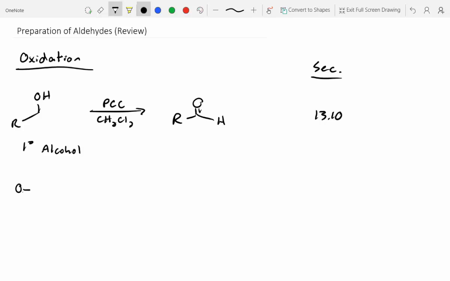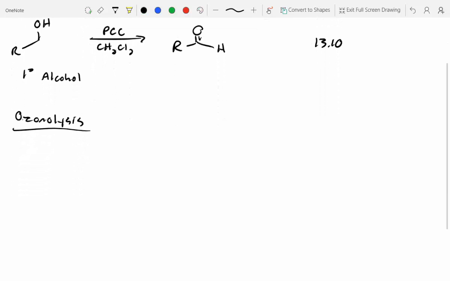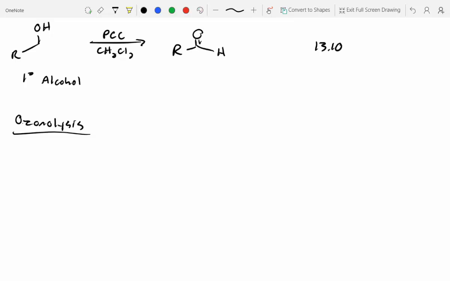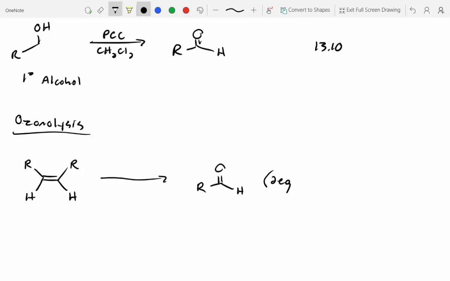Next one we have is ozonolysis. If you remember all the way back to chapter 9, we can take an alkene and turn this alkene into two equivalents of this aldehyde, assuming those R groups are the same.